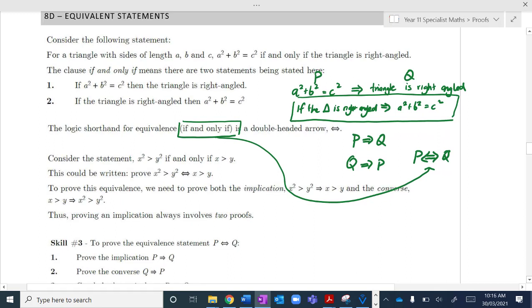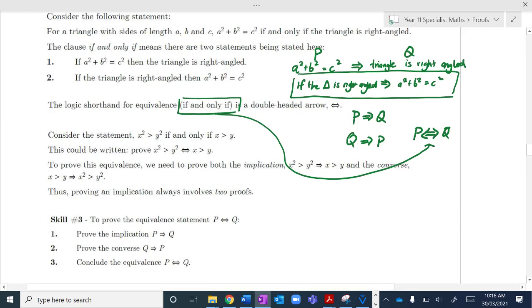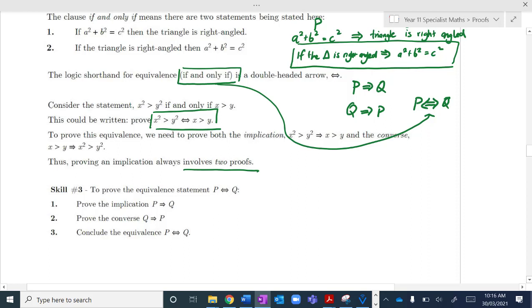So let's consider the statement x squared greater than y squared if and only if x is greater than y. Of course, we could then say that we've got our double-headed arrow. What we've got to do is prove both the implication and the converse, so we've got to prove both sides. Whenever we've got this, there are always two proofs: P implies Q, Q implies P, and once we do that, we can conclude that they're equivalent.